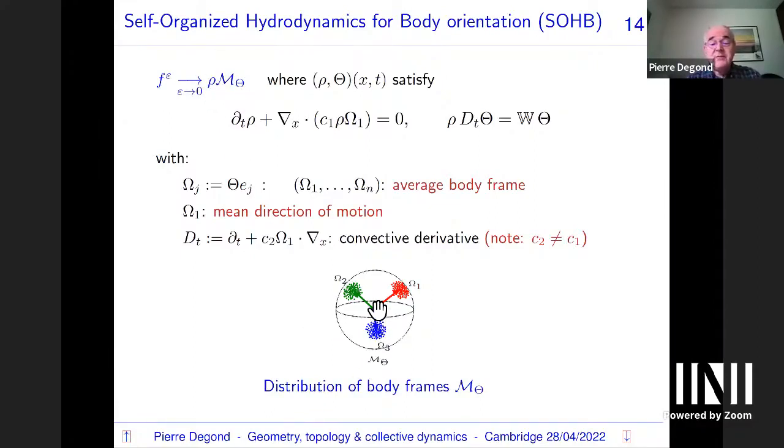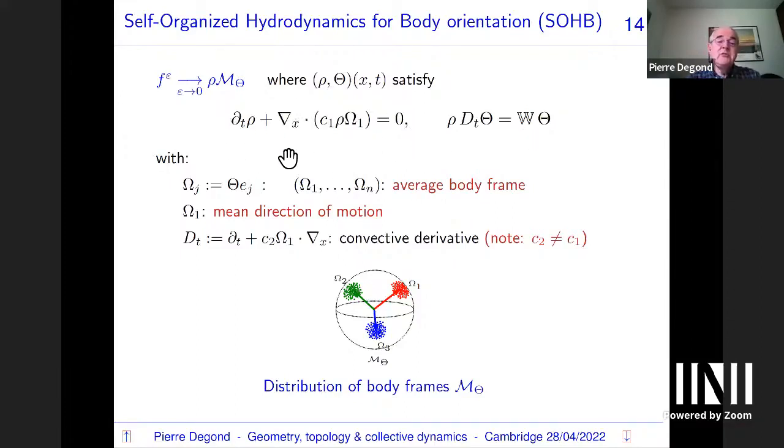If I plot the distribution of m theta at a given location, you can think of theta as representing the center of the distribution, with a distribution of frames centered around it. Once I know the center of this distribution, I will know the distribution. So I need to know what rho and theta are, and the answer is that they satisfy this set of equations.